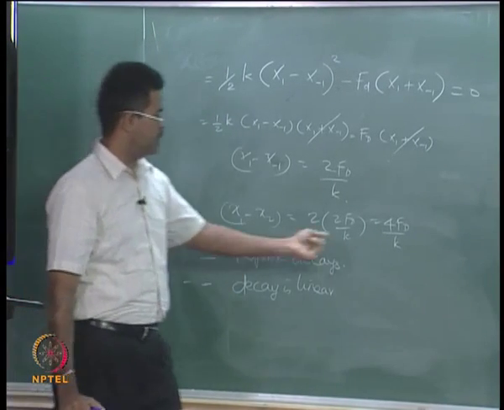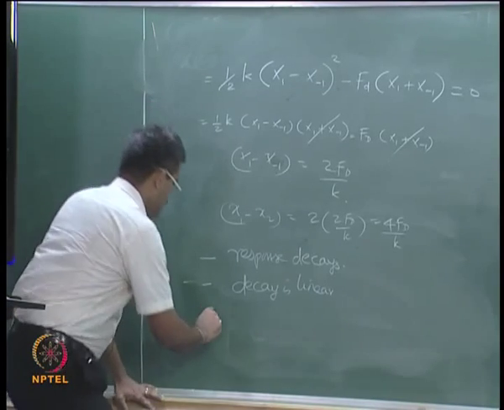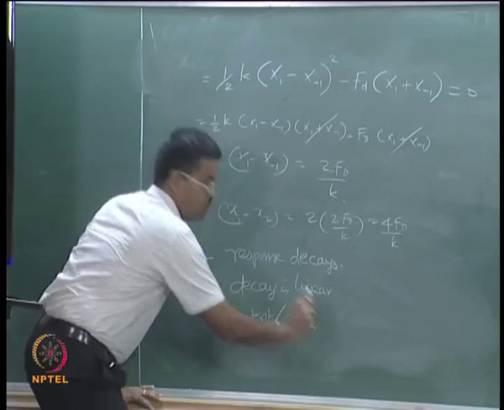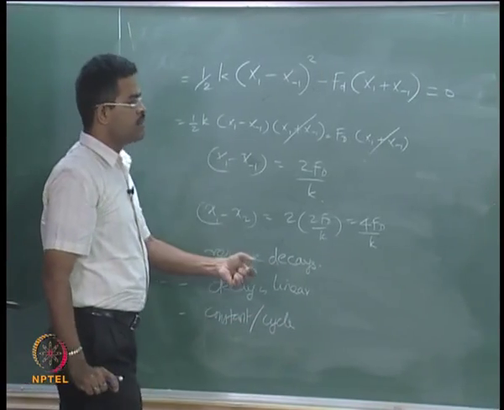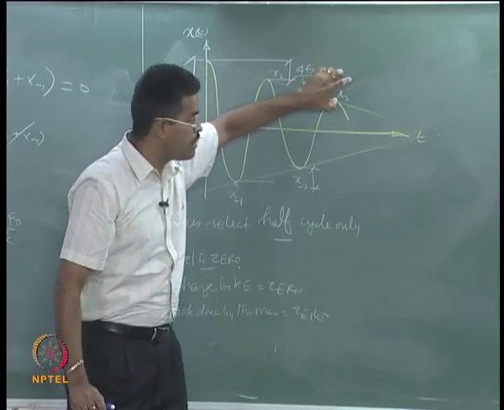Okay, it is a linear number, is it not? And it is constant per cycle. Every cycle of positive, it is only 4 Fd by k. Another cycle again 4 Fd by k.